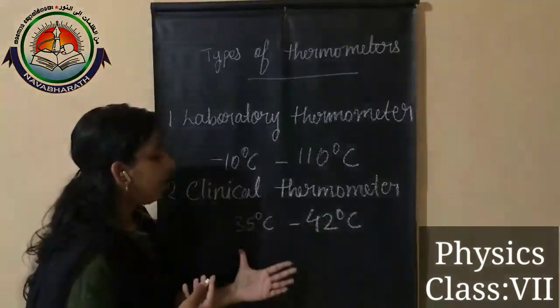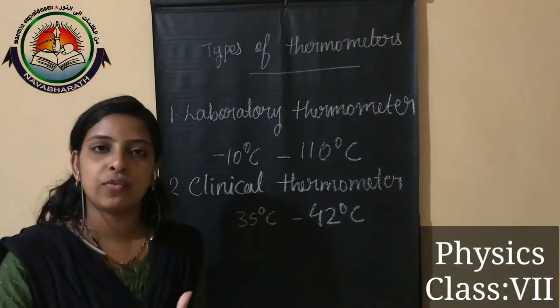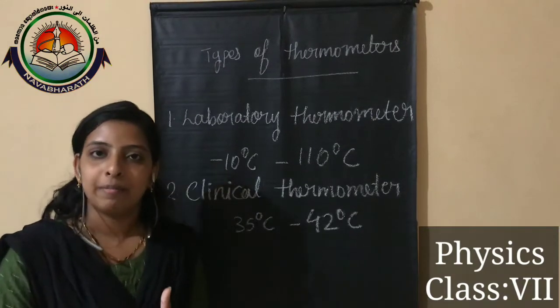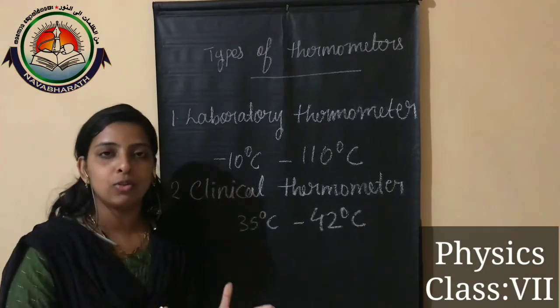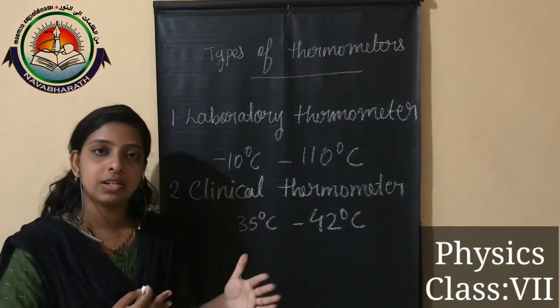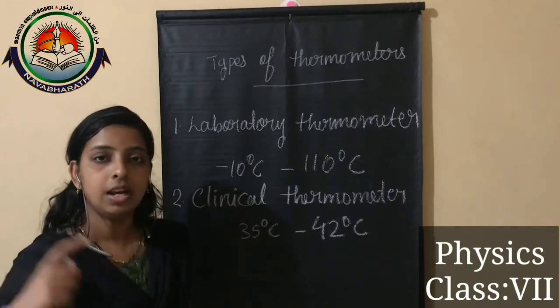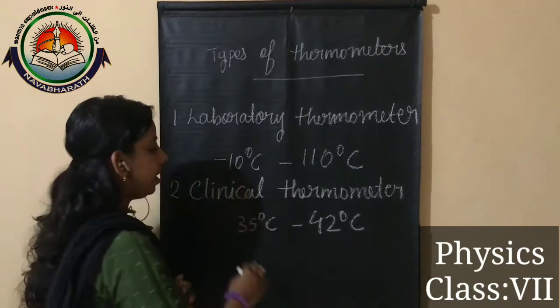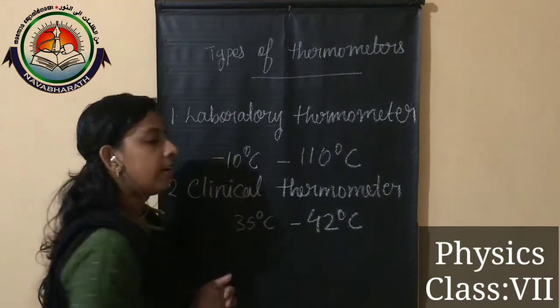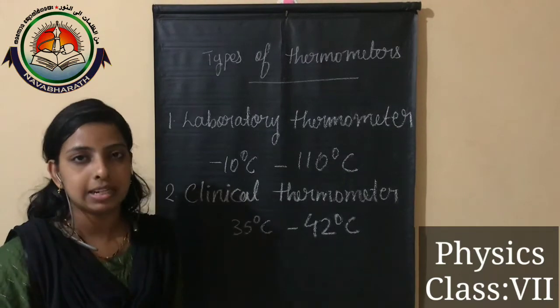And why are we using this very short range of temperature? Because in human beings, body temperature will not go beyond this limit. That means body temperature is always between 35 degrees Celsius and 42 degrees Celsius.